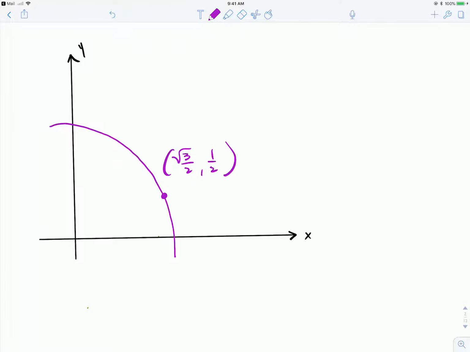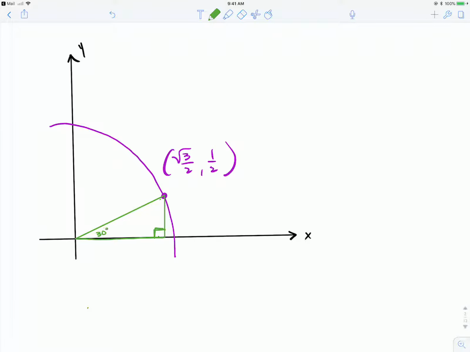And we remember from the other day of deriving the unit circle that we found the ordered pair for that point by constructing a right triangle in the unit circle. So we dropped a perpendicular down to the x-axis. Okay, so here's our right angle.